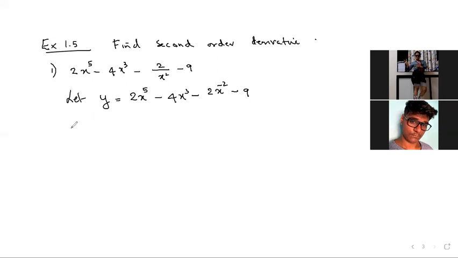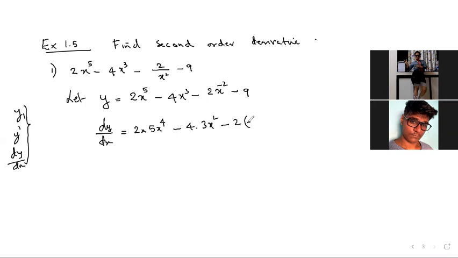If you don't want to use dy by dx, you can use y1, you can use y dash, or dy by dx. Any of these three notations you can use. So I'm using our old notation dy by dx. 2 into x raised to 5 derivative, minus 4 into 3x square, minus 2 into minus 2x raised to minus 3. So 10x raised to 4 minus 12x square plus 4 by x cube, or 4x raised to minus 3.